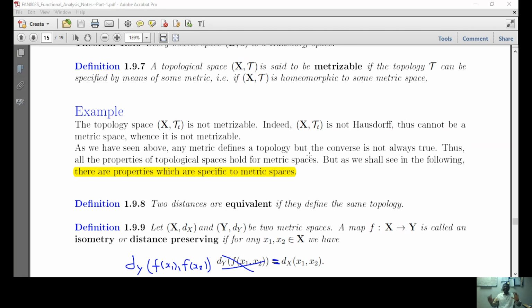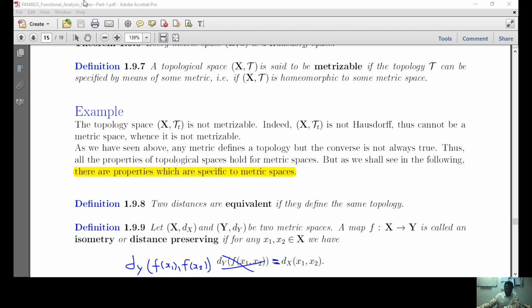But there are properties that are only specific to metric spaces that you cannot transfer to an arbitrary topological space. And that's what this means, that the converse is not always true. There are properties that are only specific to a metric space because you have a metric, but in a topological space that is not metrizable, there are properties that will never apply, right?